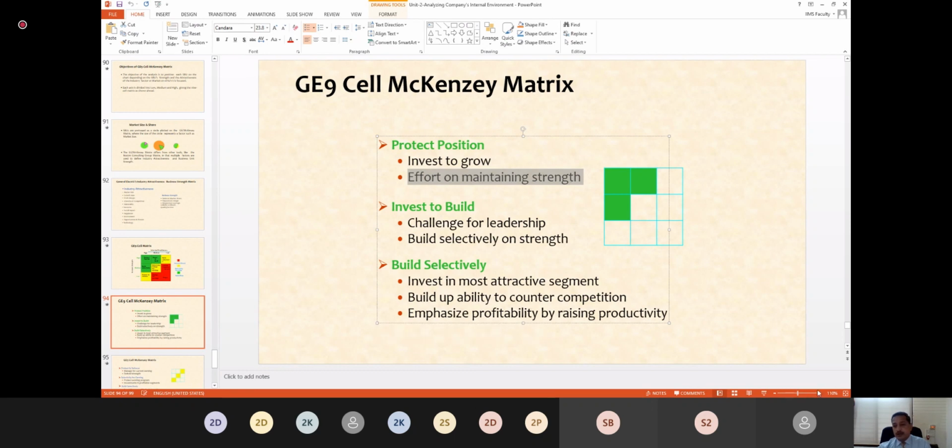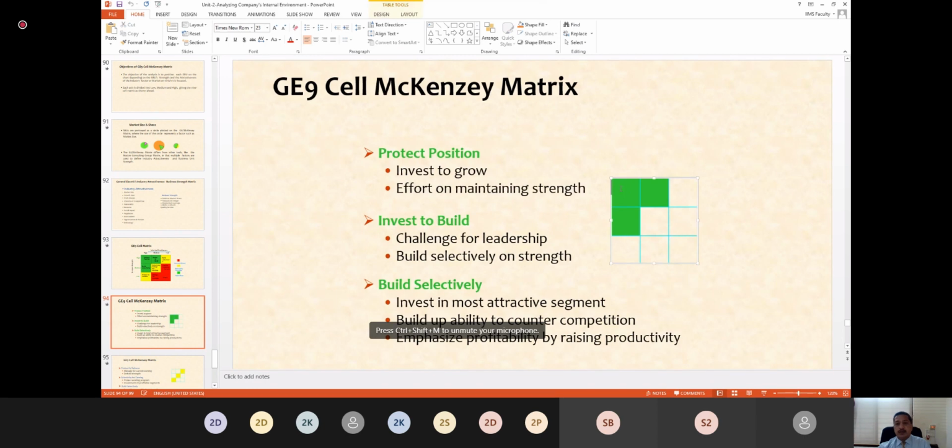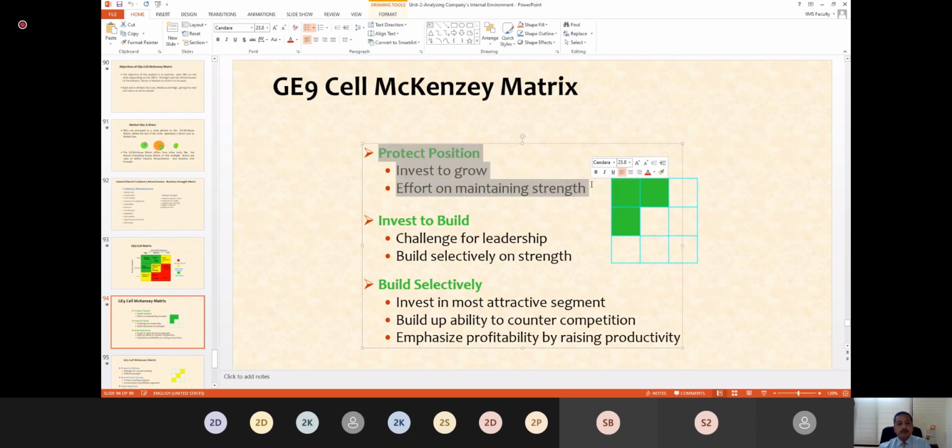This category is very attractive and therefore it should be protected well, because industry is highly attractive and the business also has high strengths which can be utilized for taking the benefit of those opportunities. Therefore we can say it is a protect position.